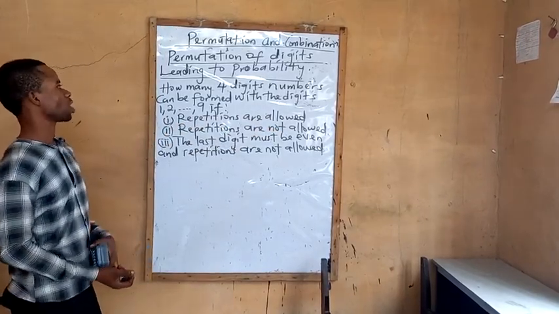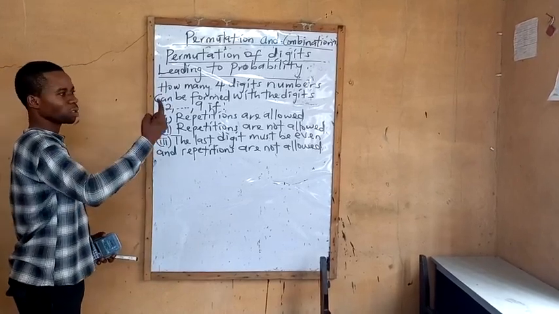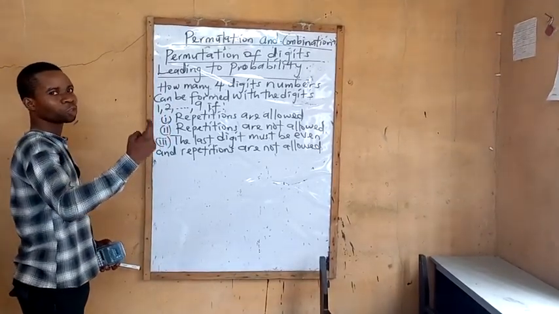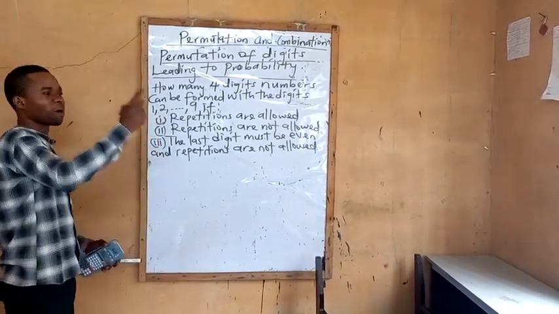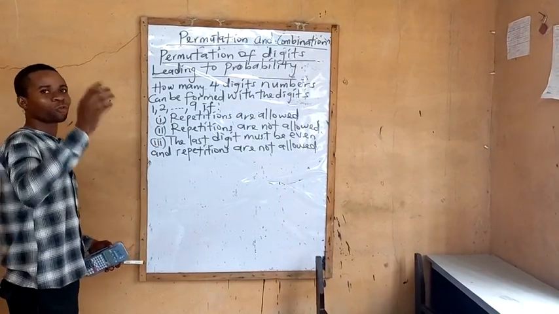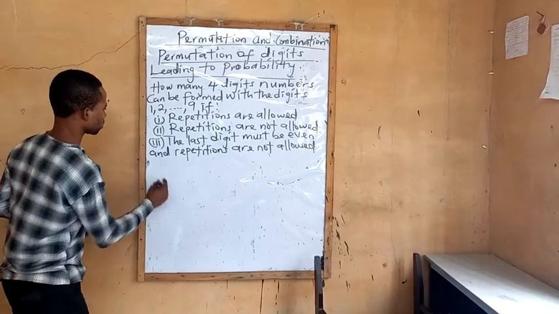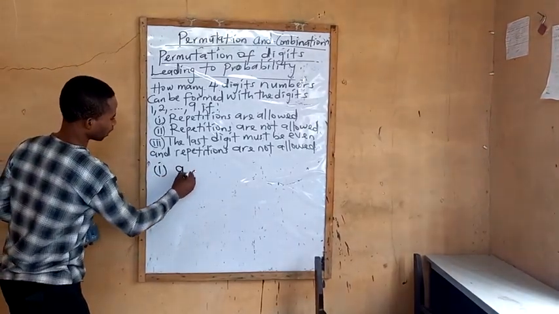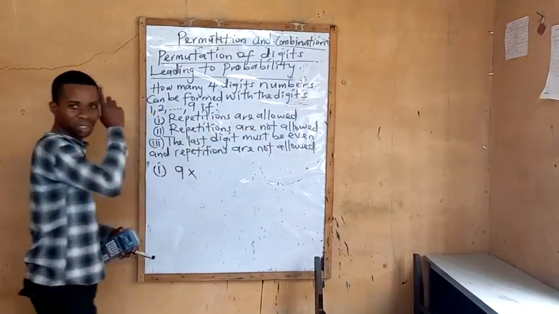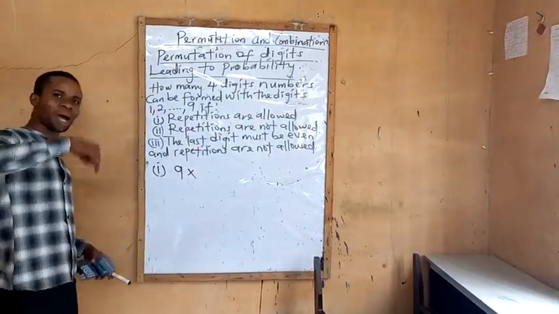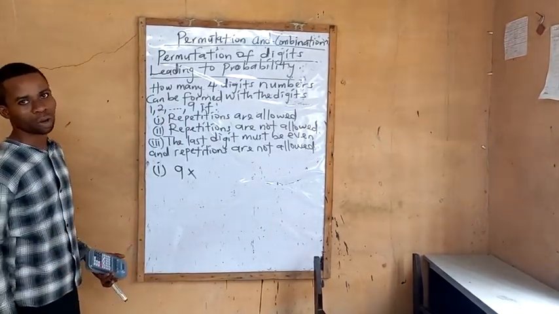Repetitions are allowed. If I want to form 4 numbers out of 9, the first number is going to occupy the whole 9 places. That is for number 1, that is 9 times. The second number, but they say repetitions are allowed, that means the second number also will occupy the whole 9 places.